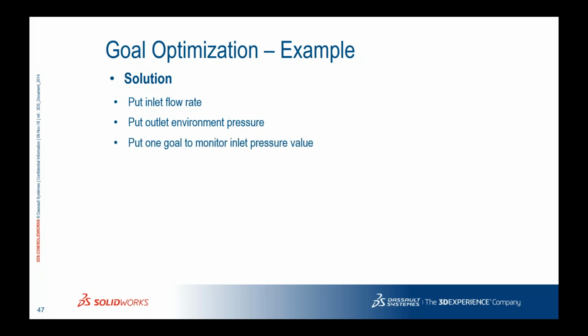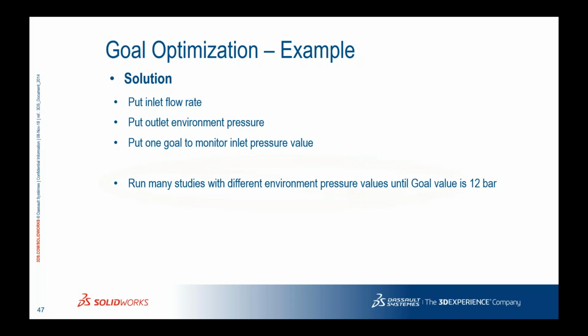So we can put one goal to monitor the inlet pressure. That's why I've said it's a reverse approach, because we are varying the inlet pressure to check what is the outlet with this kind of flow rate. Okay. Let's say that manually we have to run many studies to do that.